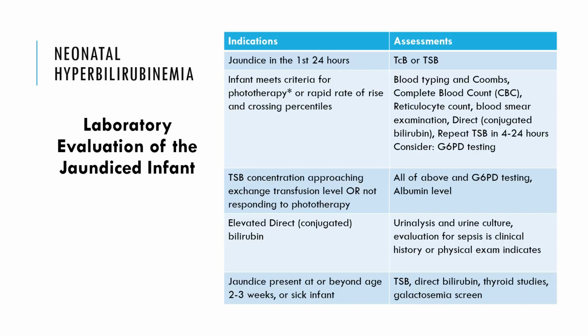They really don't usually need anything else. They don't have weird red cell enzyme deficiencies. They usually don't have an isoimmune hemolytic process. They usually just are early. They've got organs that don't work so great, and they need a little bit of phototherapy.